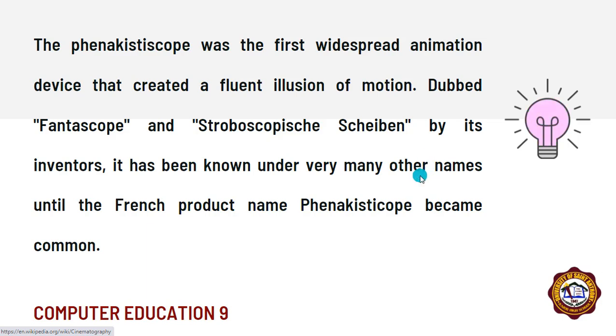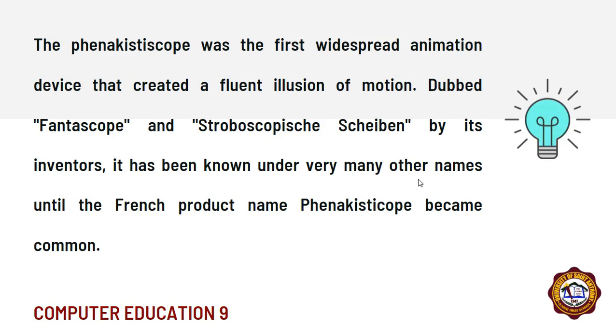So, it was dubbed phantascope or stroboscopic disc by its inventor. I'm not sure if I pronounce it right. French kasi. So, it had been known under very many other names until the French product name phenakistoscope became common.